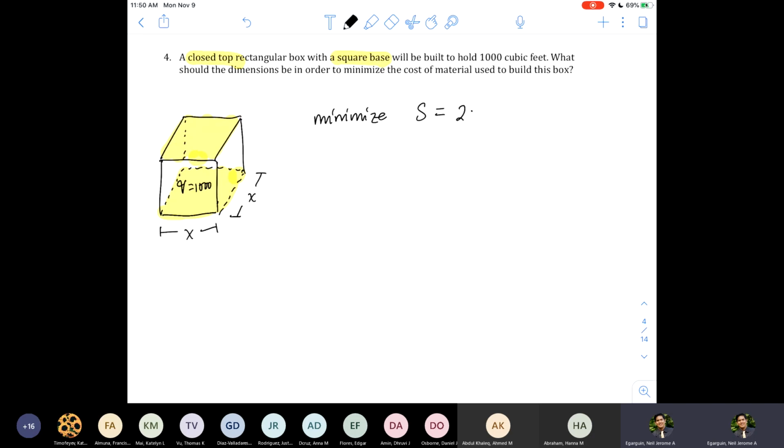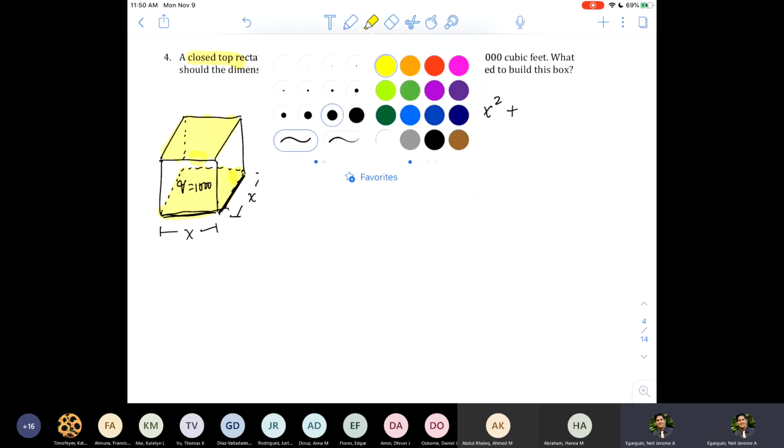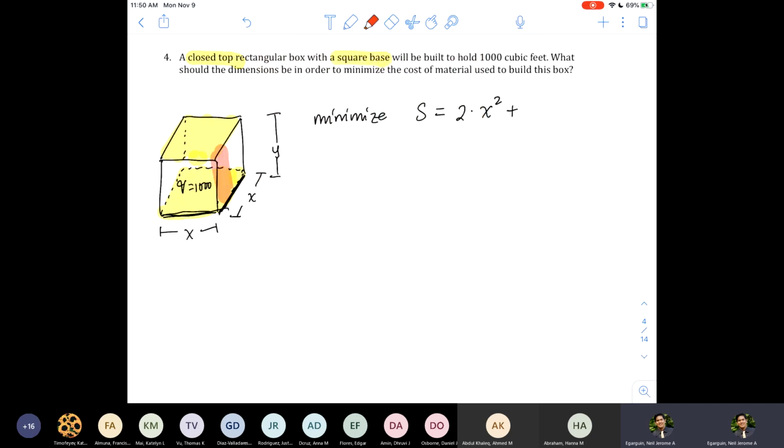But what's the area of one of them? I know that this is x units. This is also x units. So the bottom will have area x squared. The top will also have area x squared. So that's 2x squared. Plus, what will be the area of the remaining 4 faces, right? So maybe I need to introduce a variable here for the measurement of this guy. Let's say that is y units, okay? So let's measure the area of this side, the red side.